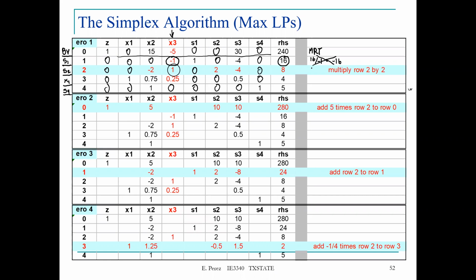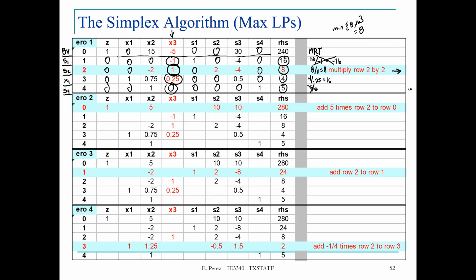So we continue with the other ones. We have 8 divided by 1, which is equal to 8. Then we have 4 divided by 0.25, which is equal to 16. And then we have 5 divided by 0, which is undefined, so this doesn't apply. So we have the minimum between 8 and 16, which is equal to 8. That means that s2 is leaving the basic variables.